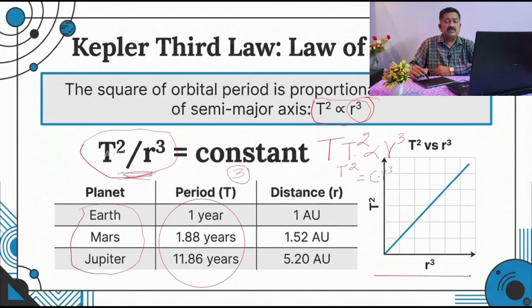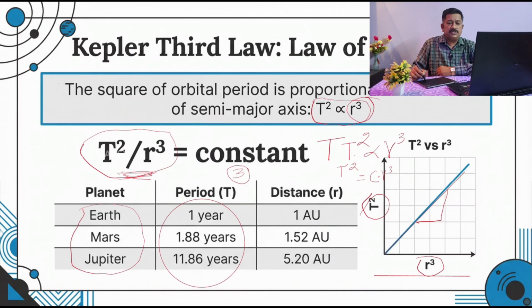So comparing all these planets, they have given the graphical structure. When we draw the graph by taking T square along the y-axis and R cube along the x-axis, we can see that it is a straight line. The graph is a straight line graph with a positive slope.